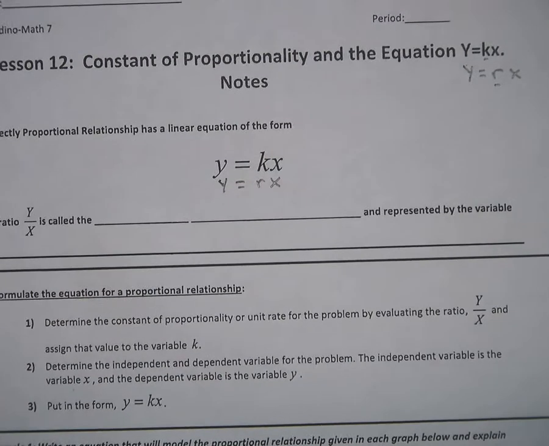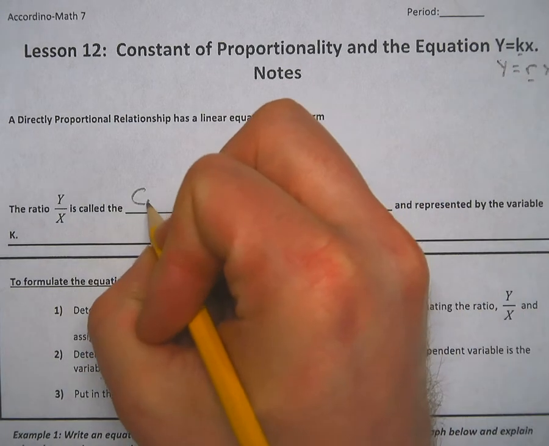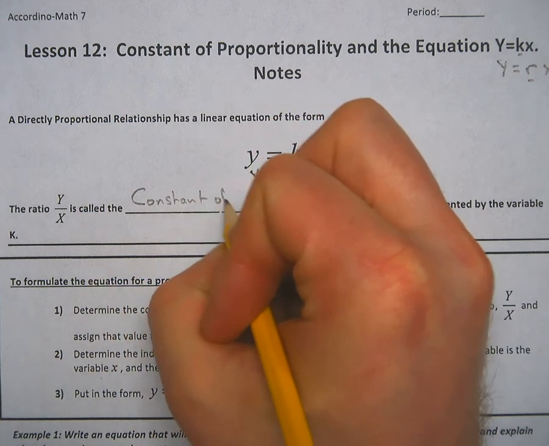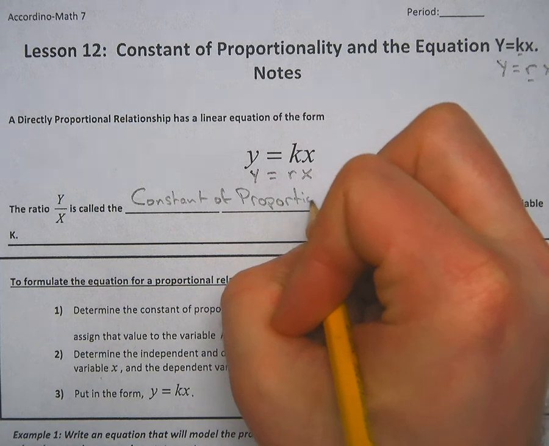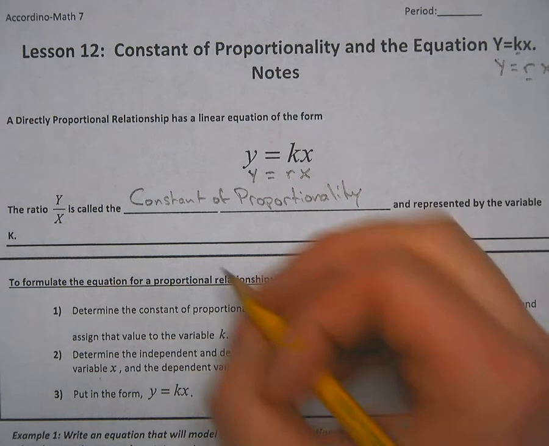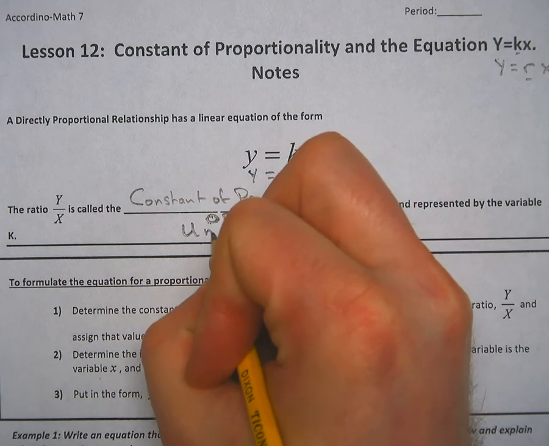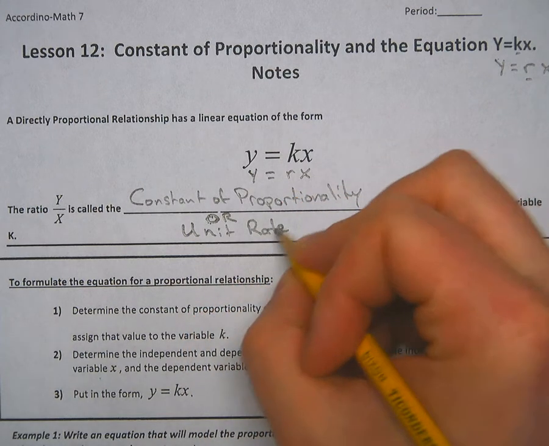And our first fill in the blank is the ratio. Y over x is called the constant of proportionality, which is just the unit rate of a proportional relationship.